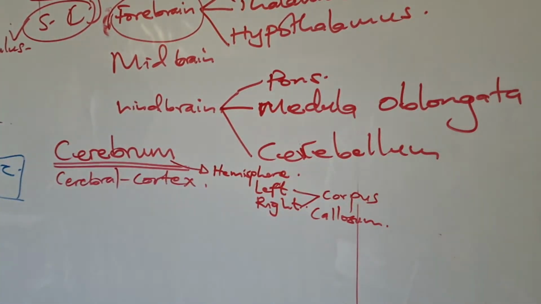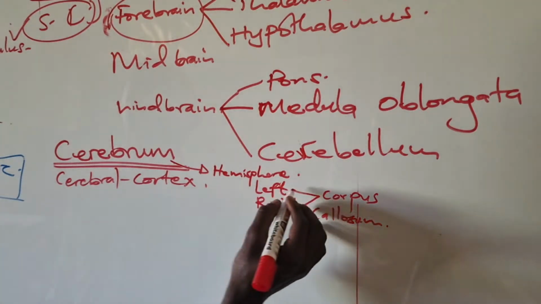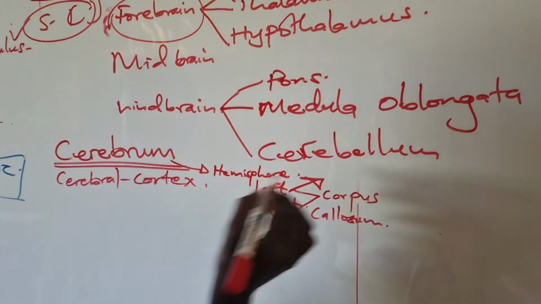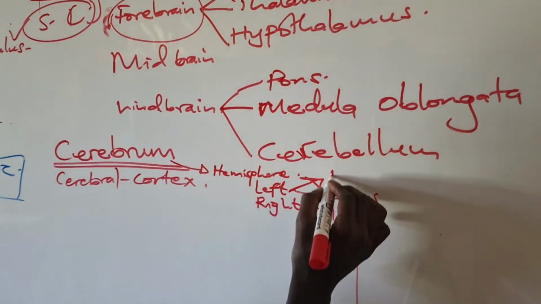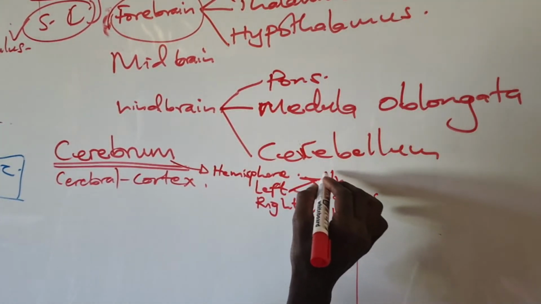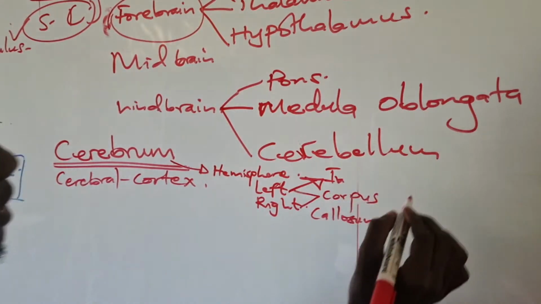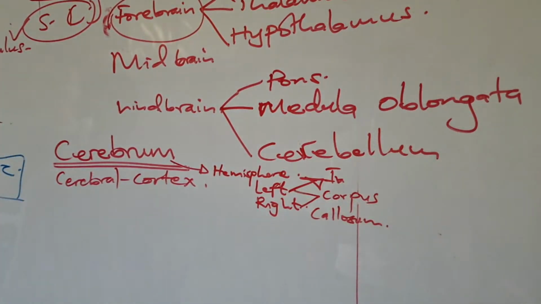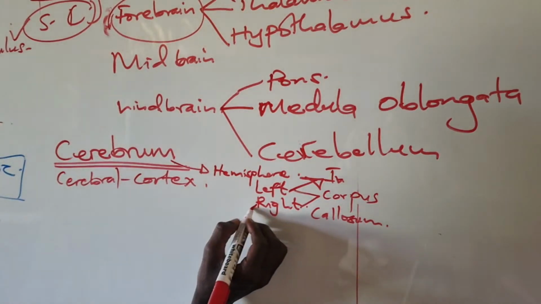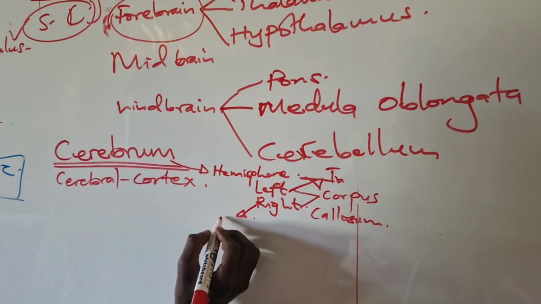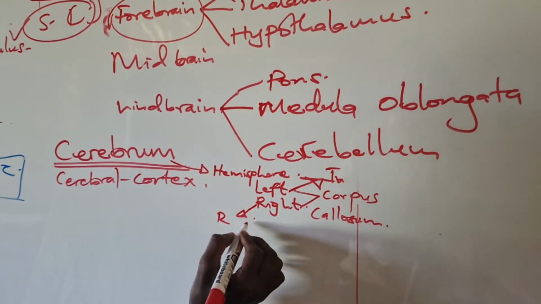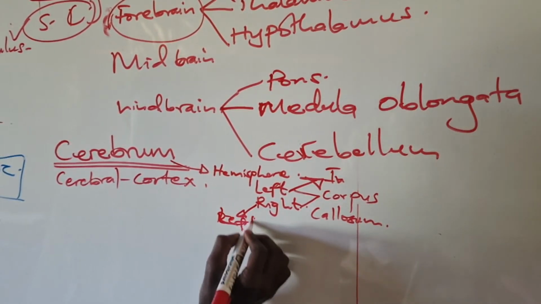Let me think we are flowing. The left hemisphere of the cerebrum receives and interprets impulses from the right hand side of the body, and the right receives and interprets impulses from the left hand side of the body.